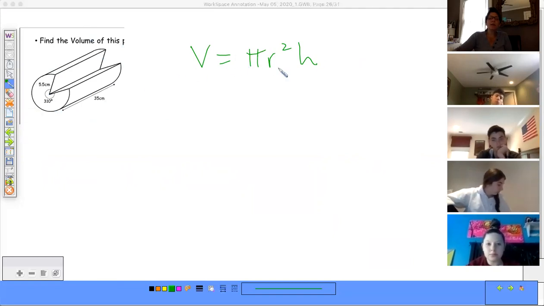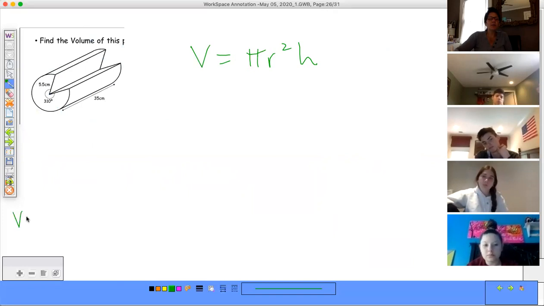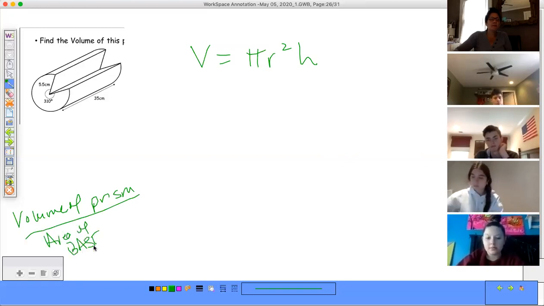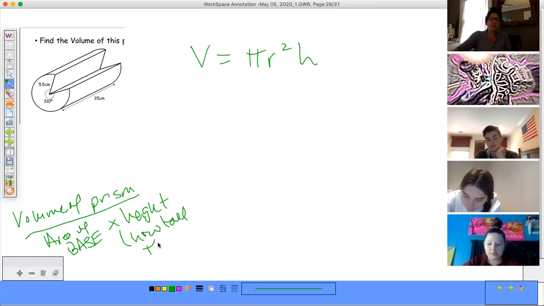Remember, the volume of a prism, I'm going to say it again, is the area of your base times the height, i.e. how tall the prism is, okay? That's what I like to do. I like to see how tall the prism is.